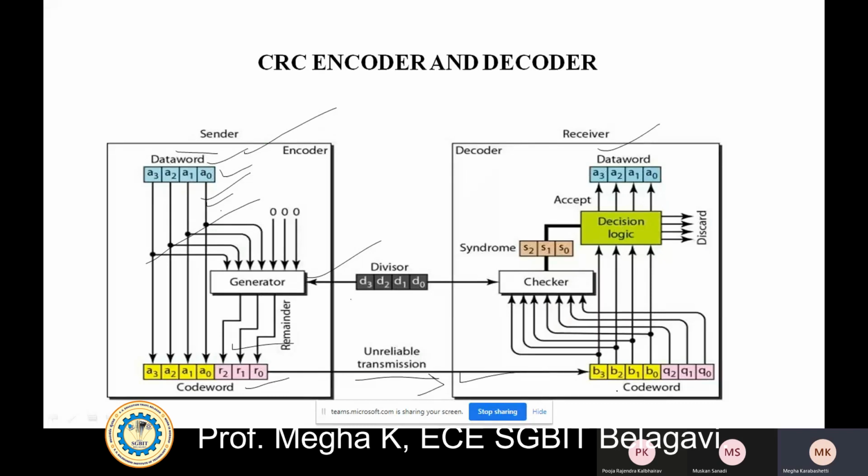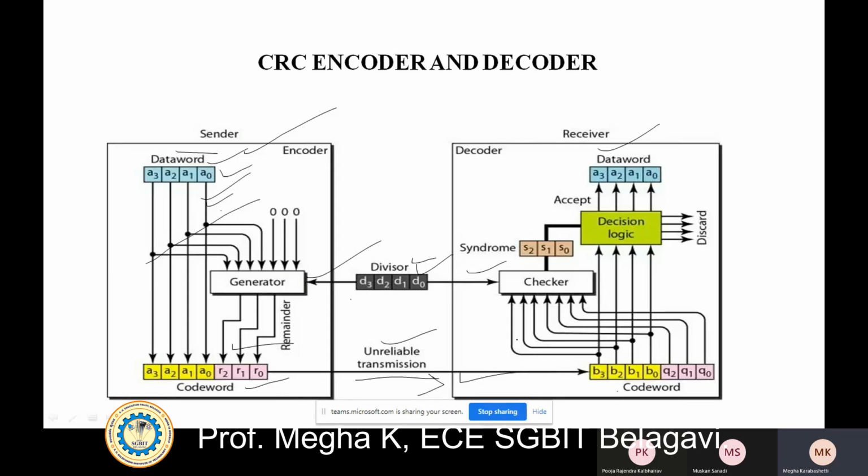The receiver will receive, along with the data, the divisor used. I am calling it a divisor here because some operations are to be performed. The divisor is nothing but the generator polynomial. So the generator polynomial is also sent to the receiver along with the data. The receiver receives the key as well as the code word.